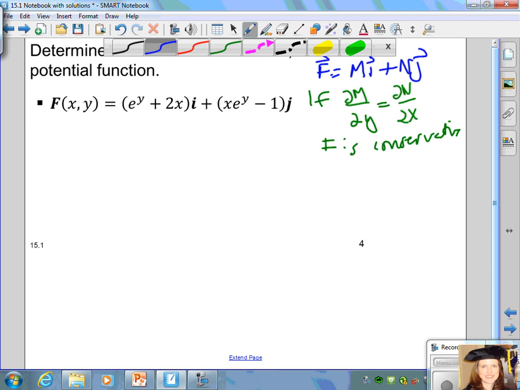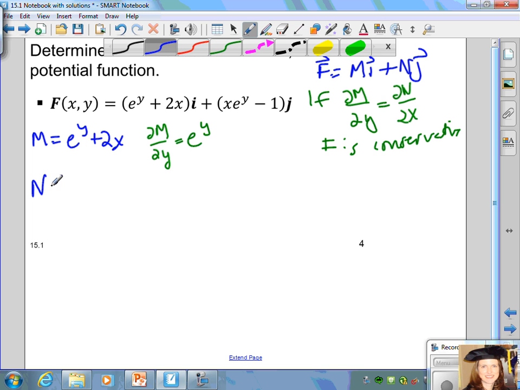So let's go ahead and find those, letting M equal e to the y plus 2x. We want to take the partial derivative of M with respect to y, treating y as a variable and x as a constant, and that partial derivative is e to the y.